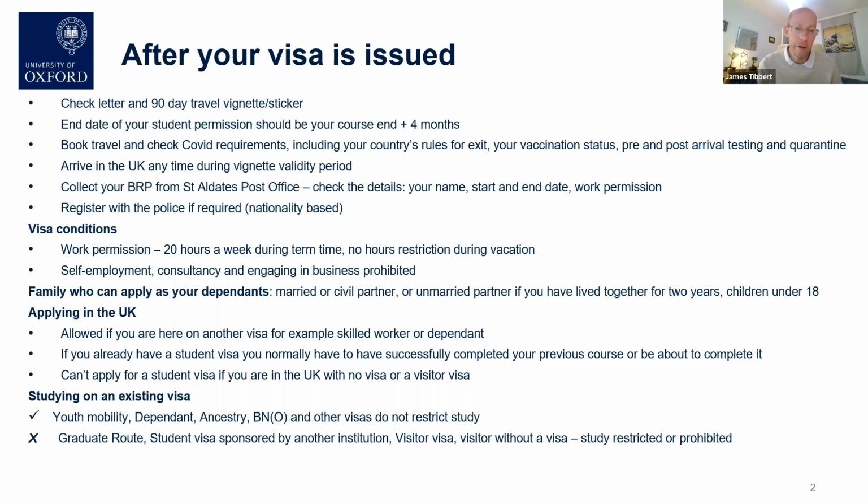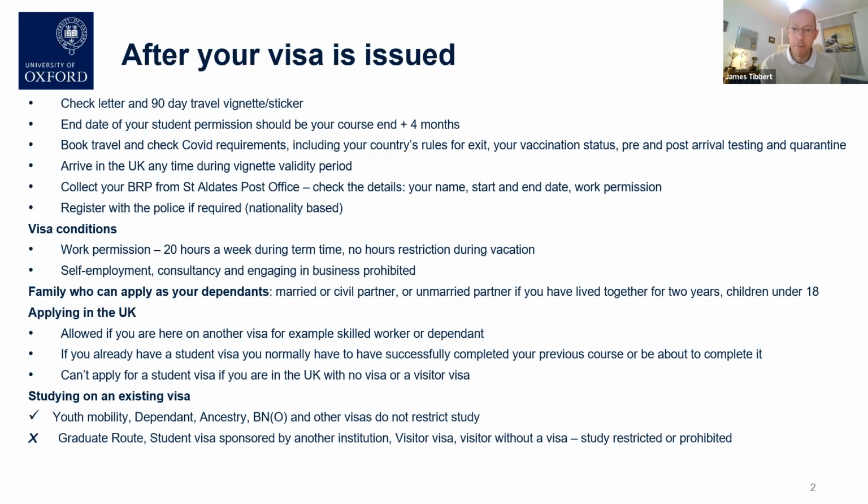Ancestry visa, if you had a grandparent born in the UK. And then there's also the British nationals, which is for nationals from Hong Kong, a new visa to live and settle in the UK. So we do have a few students on those other visa types that allow them to study as well.